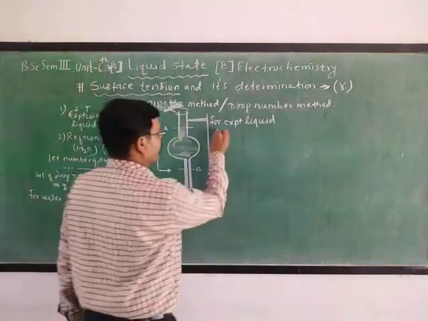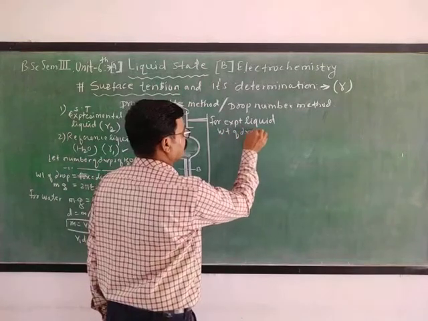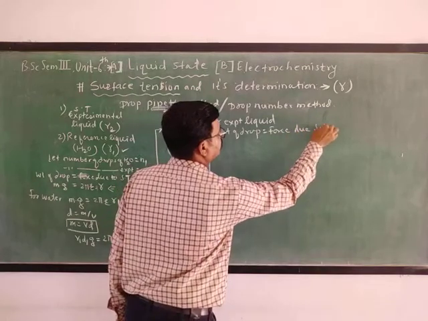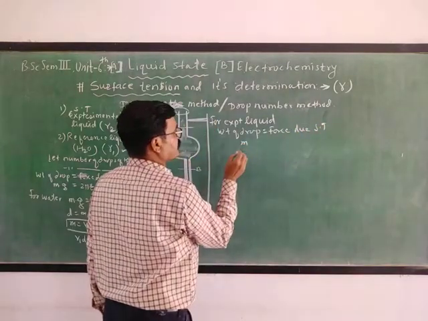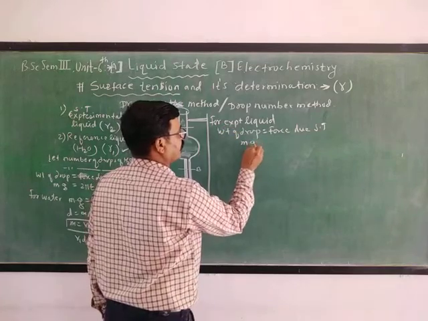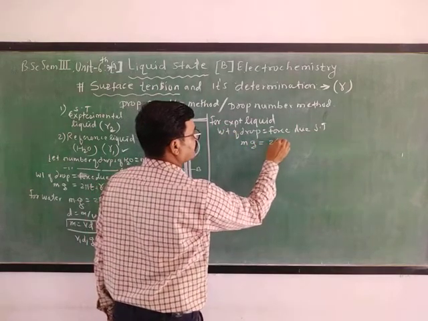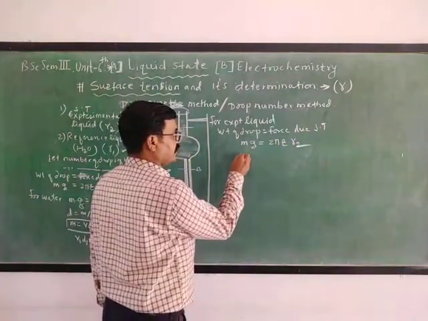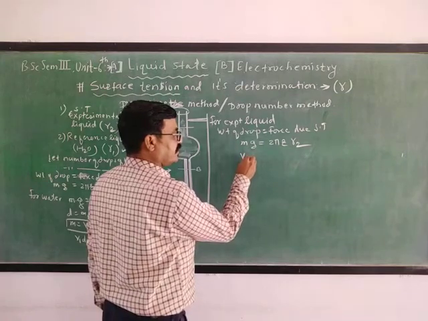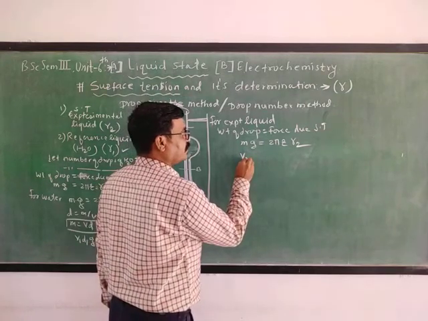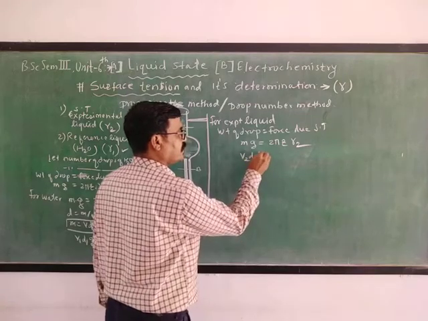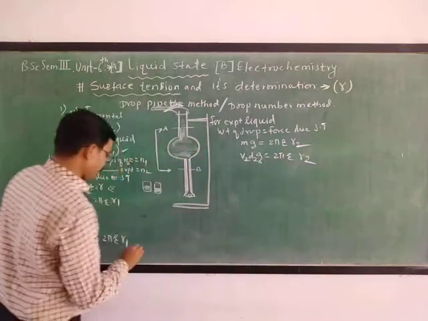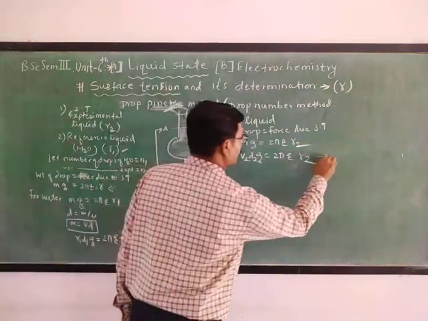Again, weight equals mass of that drop of liquid into gravitational constant. Force due to surface tension means circumference into its surface tension. Again mass is nothing but volume into density. Let the volume of the experimental liquid be V2 and density D2. That's why it becomes 2 pi r into gamma 2. This is equation 1. This is equation 2.